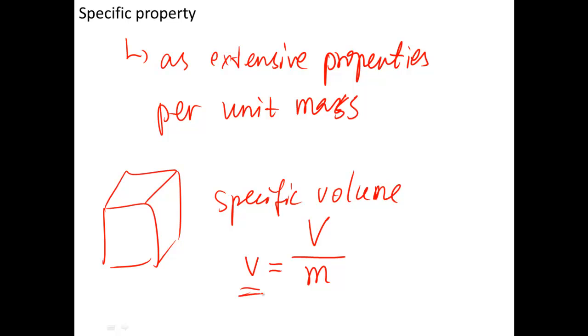So okay, after talking about the properties, I will introduce you to state. A system may have lots of conditions. It could have different pressures, different temperatures, or different volumes, and each condition can be described by its properties, and we call this condition in thermodynamics state.